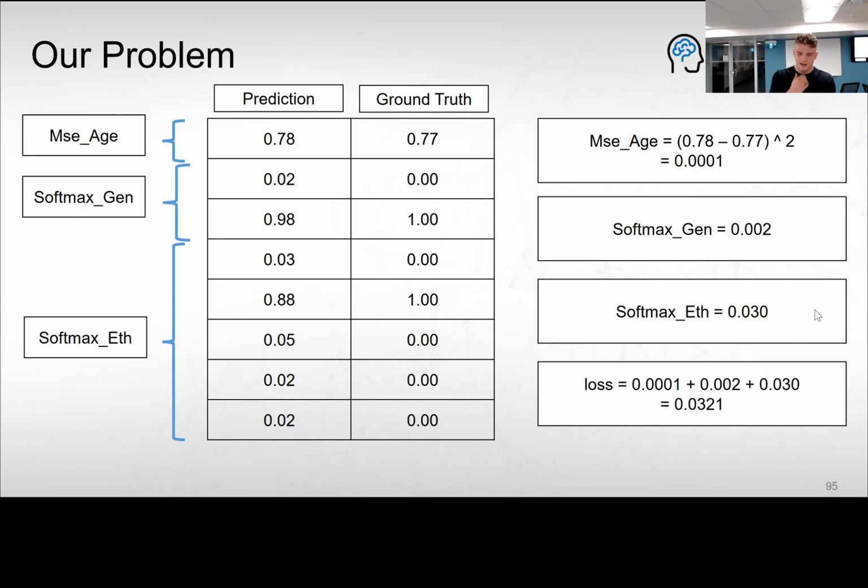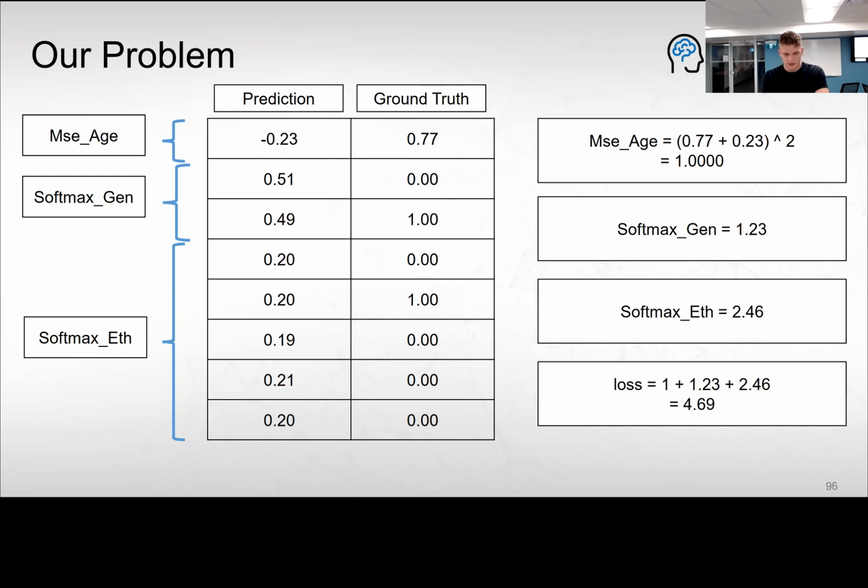We can see that we have a very small amount for our gender loss and a very small amount for our ethnicity loss. It's a little bit higher, but ethnicity is a harder problem because there are 5 different ethnicities to choose from, while in gender there are only 2. We add those all up together, and we get a small total loss. We actually did a very good job classifying this.